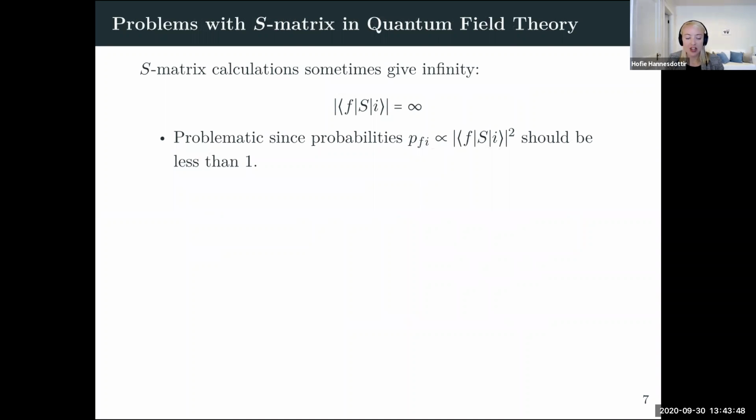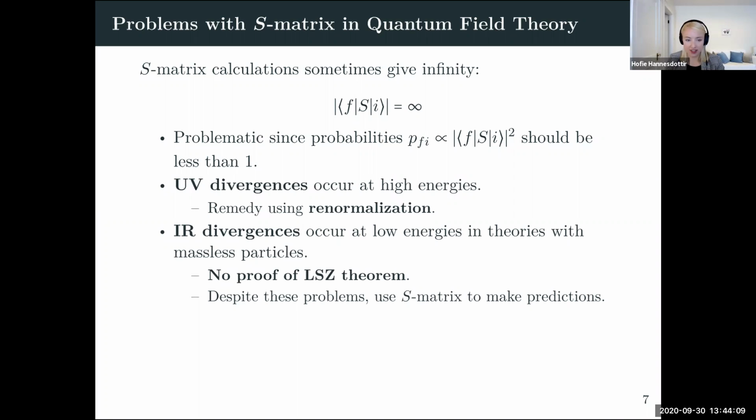Now let me elaborate a little bit on the problems before we go on. These S-matrix calculations in perturbation theory sometimes give infinity. This is obviously problematic because S-matrix elements squared should correspond to probabilities, and probabilities should always be less than 1. We have two types of divergences. We have UV divergences, which occur at high energies, and we remedy these using renormalization, and that's very well known.